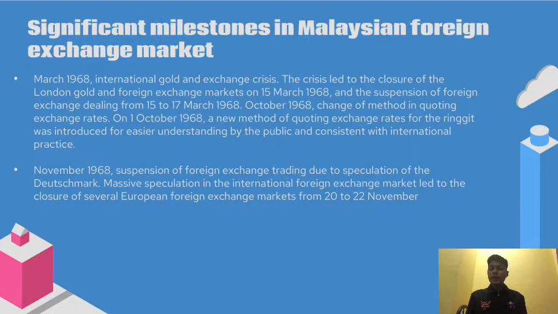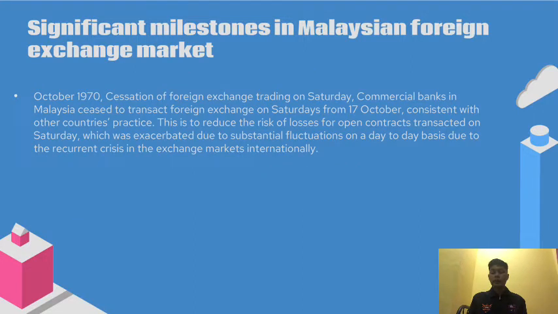In March 1968, the international gold and exchange crisis led to the closure of the London gold and foreign exchange market on 15 March 1968, and the suspension of foreign exchange dealing from 15 to 17 March 1968. In October 1968, the method of quoting exchange rates changed.